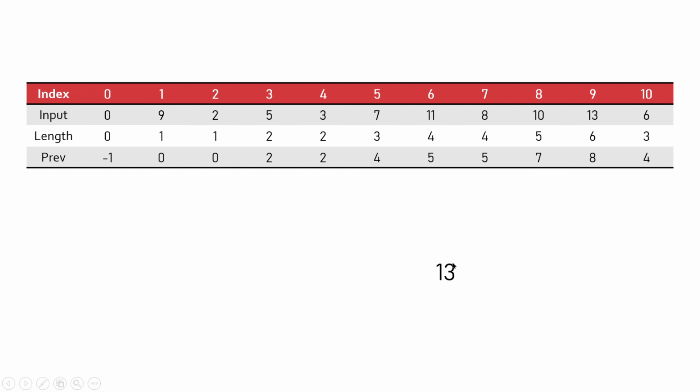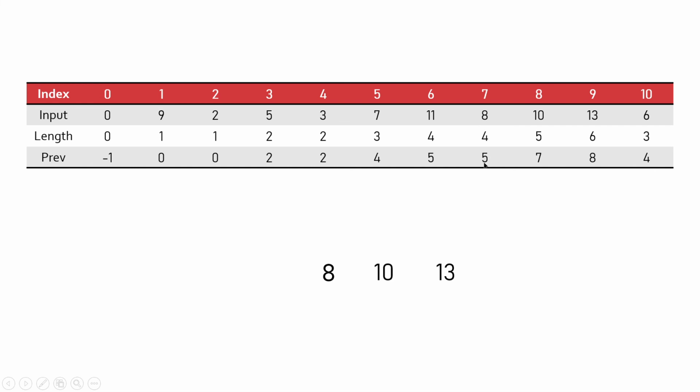After taking 13, we'll see the previous of 13, which is index 8, where the input is 10. We'll take 10 and then see the previous of 10, which is 7, and index 7 has input 8. We'll take 8 and then see the previous of 8, which is 5.